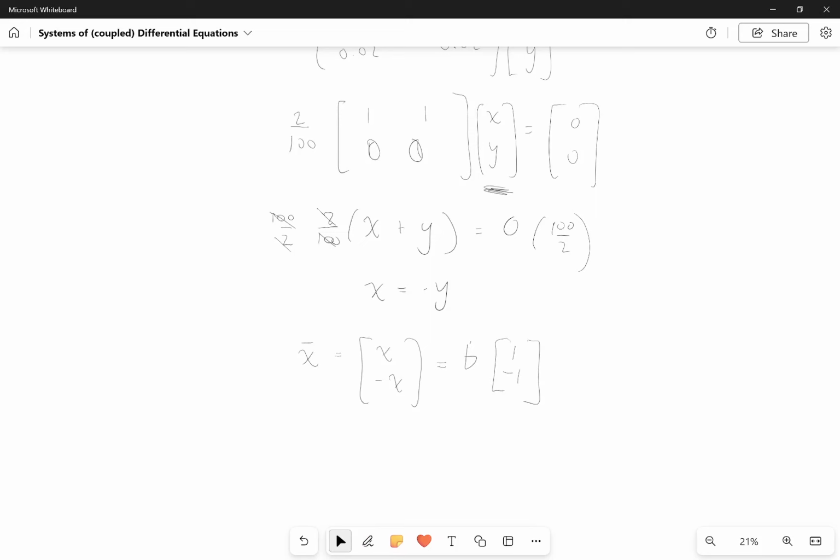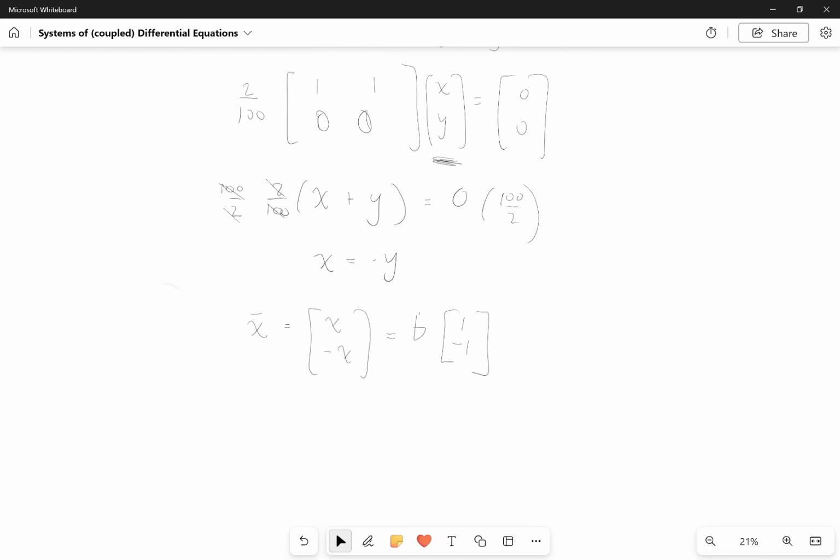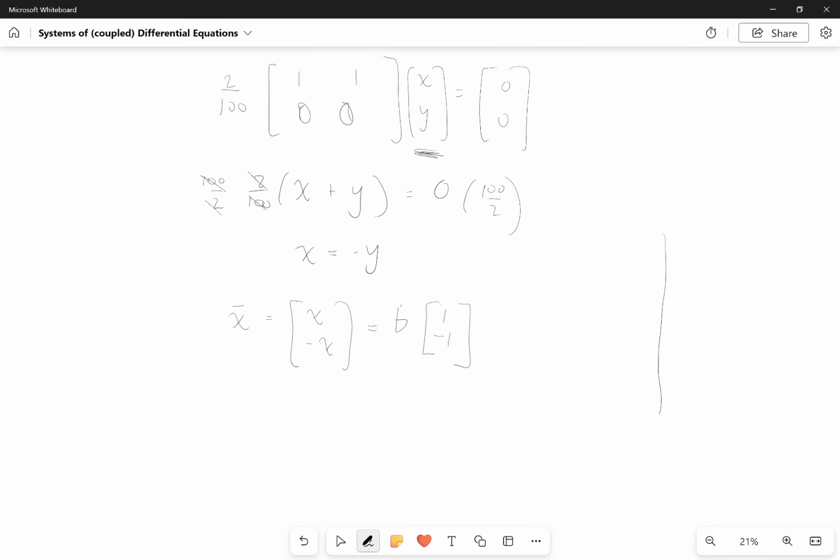Okay, so that's literally what the eigenvector is. If this is x and this is y, we have x is 1 and y is negative 1. We have anything that's along this axis, could be any length, right? Can go this way, can go this way. So b can be a positive or a negative value. So this is the eigenvector. This is the other eigenvector.